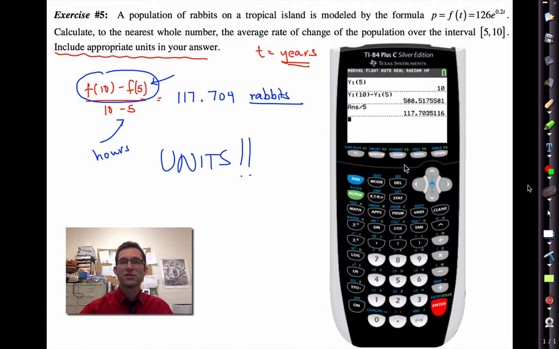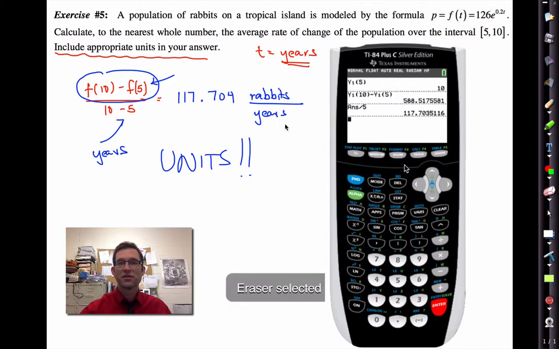Oh, not hours, years. My mistake. Almost a good mistake to make. Years. So what we get is 117.704 rabbits per year. All right, and that's it. Isn't that a cool trick?